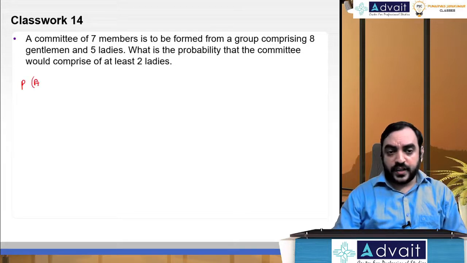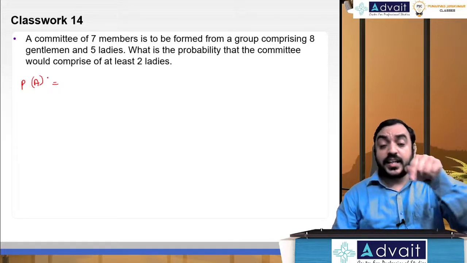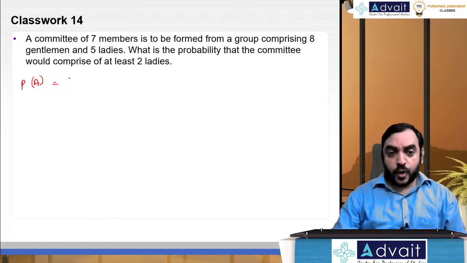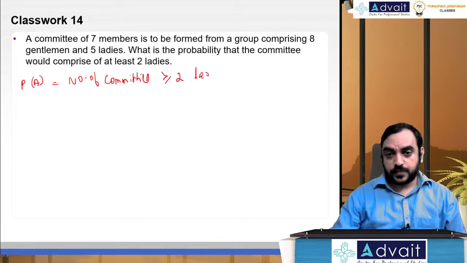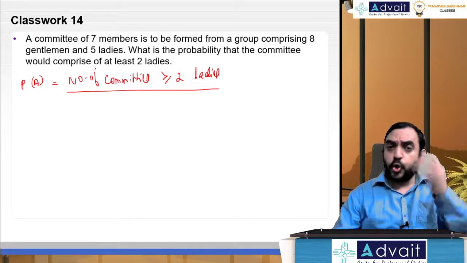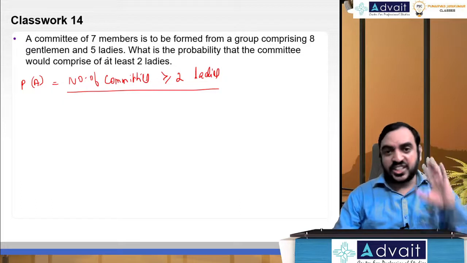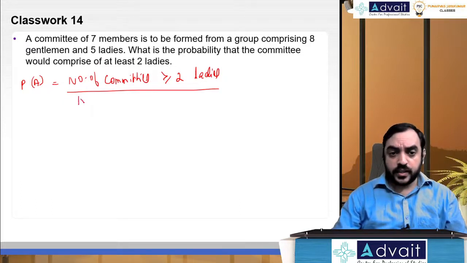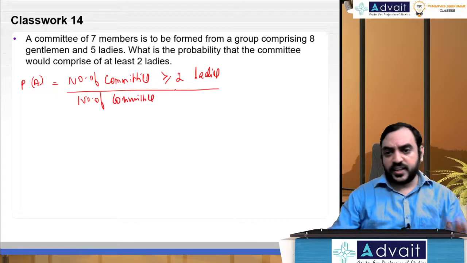Probability of event A: the numerator is going to be the condition, the number of committees where there are at least 2 ladies. The denominator is the number of committees without any restriction, no condition, the total possible events, the sample space, the exhaustive list.